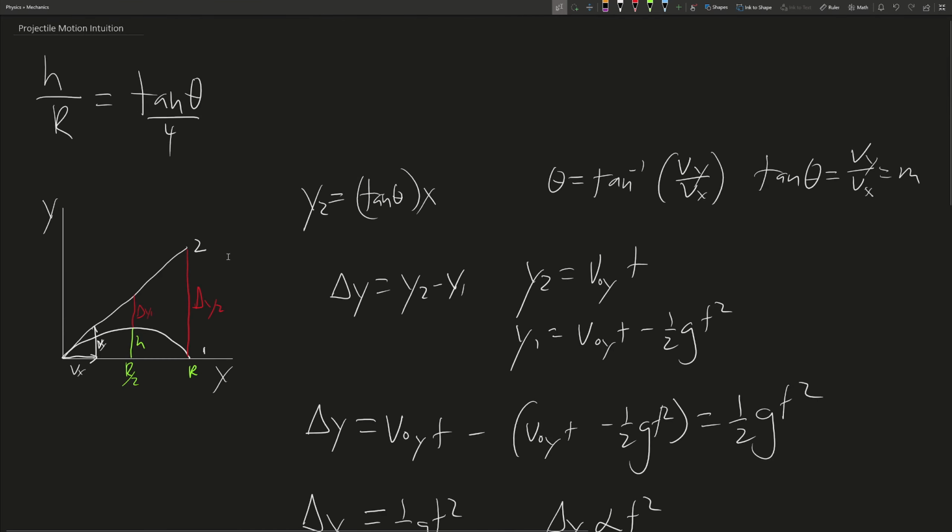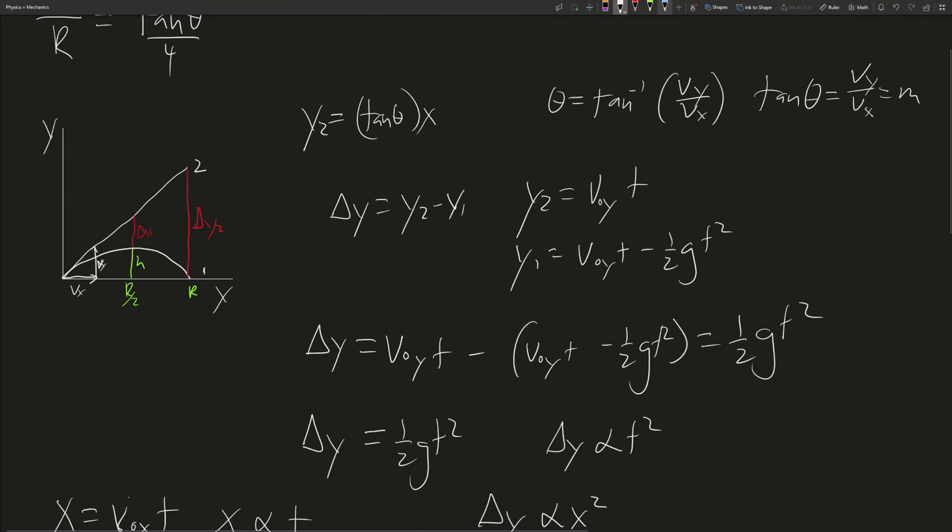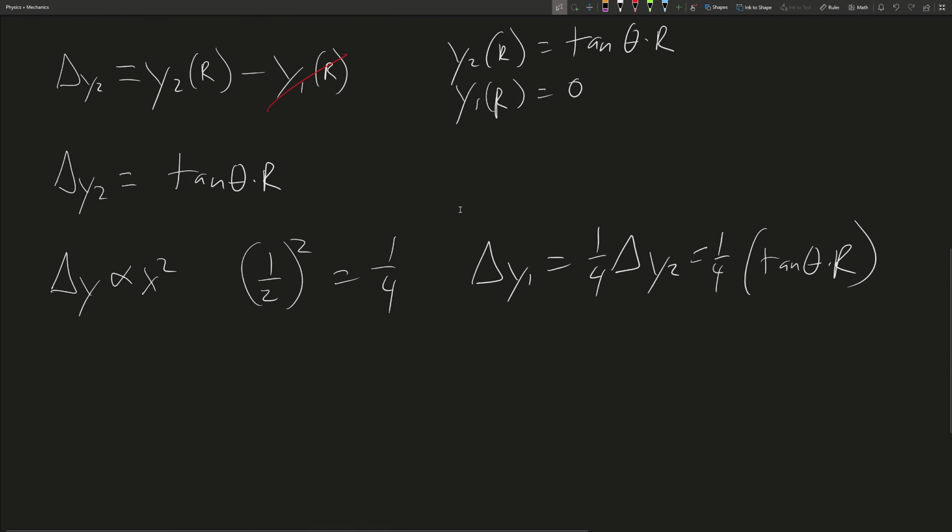Now, let's find the total height here, or the value of y2 when its x position is r over 2. So that's going to be in blue, this total height in blue. We have y2 of r over 2 is equal to tangent theta times r over 2.